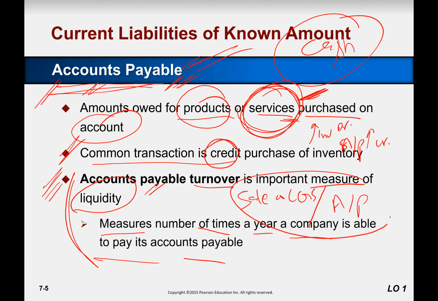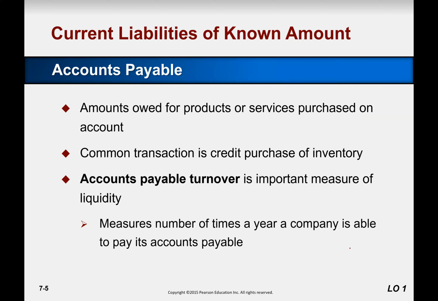If you divide 365 days by accounts payable turnover, it will tell you the number of days you take to pay back your suppliers. So it gives you the liquidity condition: are you paying early or late to your suppliers? Of course, it has financial implications. If you are paying late, your suppliers are not going to be happy, and a liquidity issue is going to be raised.